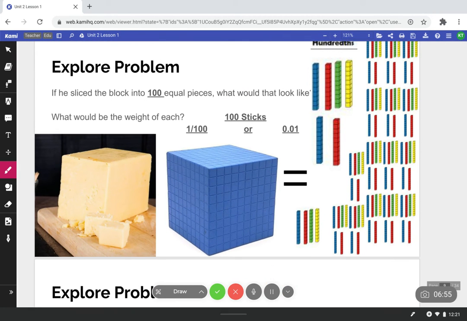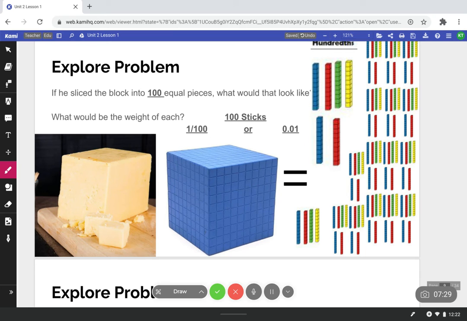Because you see, this is a slice. And remember, we had 10 slices. Well, look, each slice has 10 sticks. We see 1, 2, 3, 4, 5, 6, 7, 8, 9, 10. 10 sticks in each slice.